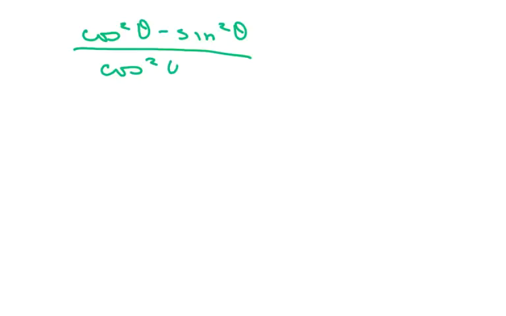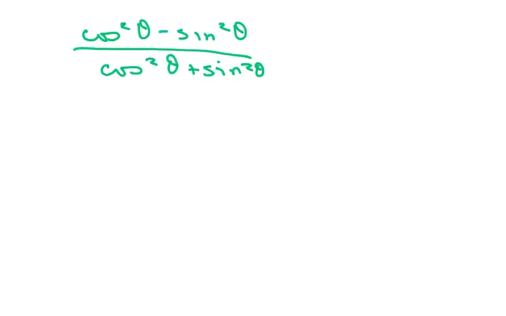So let me write this on the next slide. We have cosine squared of theta minus sine squared of theta over cosine squared of theta plus sine squared of theta. All right?